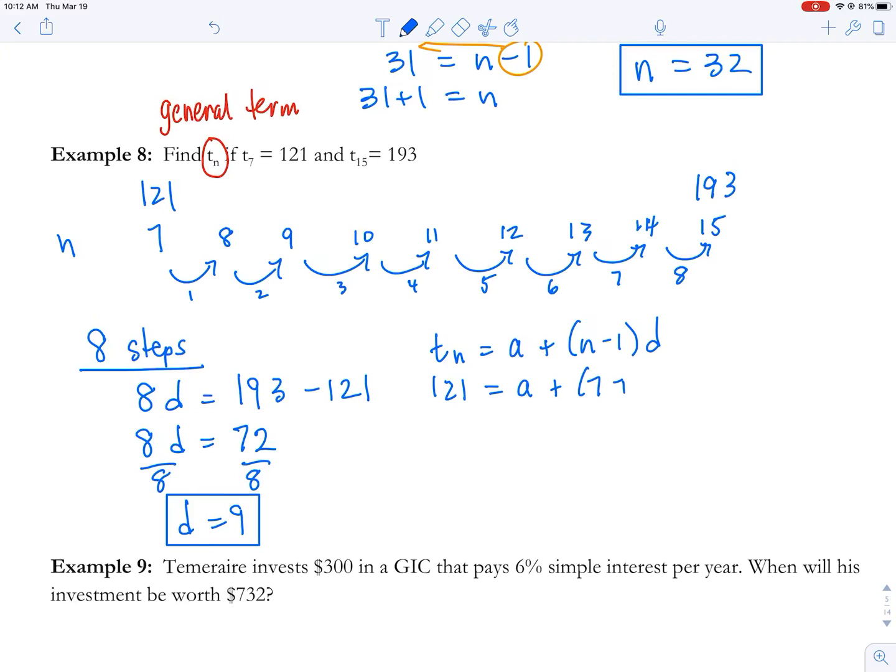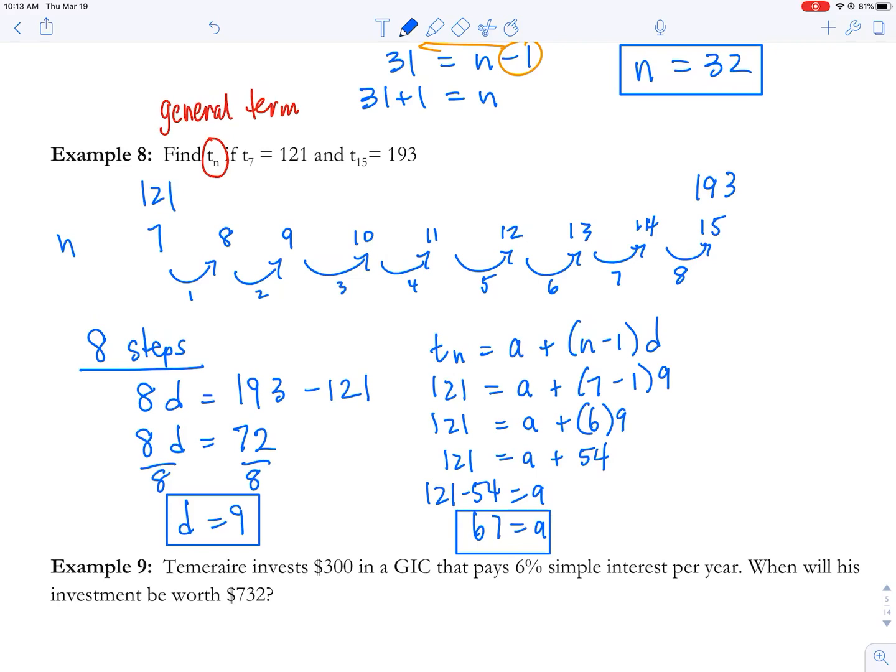So 7 minus 1. I know the difference is 9. So 121 equals A plus 6 times 9. So A plus 54. So 121 minus 54. 121 minus 54. So 67 equals A.